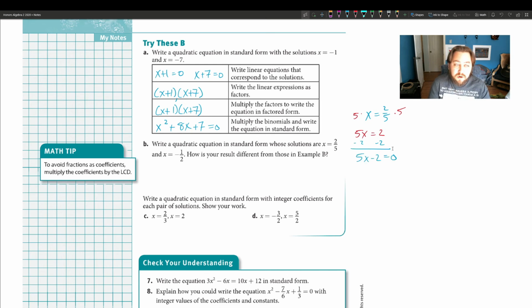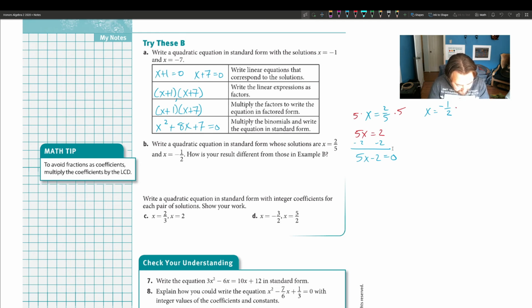So there's one of our terms. We'll do the same thing for our other answer, which was, I believe, -1/2. So we'll say x equals -1/2. So what I want to do is start by clearing the denominator.